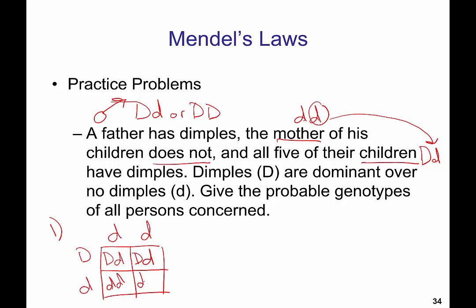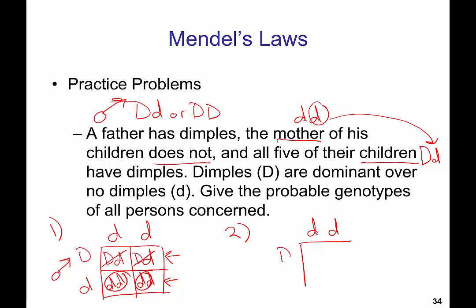This is no dimples. So if the father is heterozygous, this is representing the father on this side, then there would be a 50-50 chance, 2 out of 4, compared to 2 out of 4, that the children would either have dimples or not.